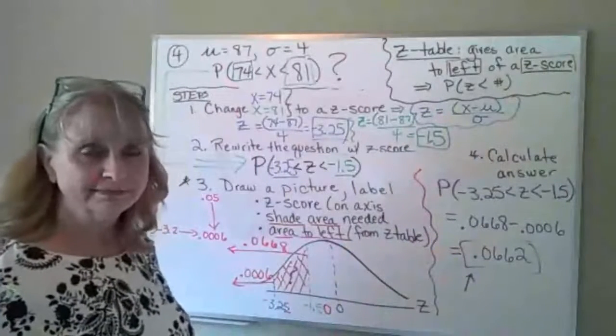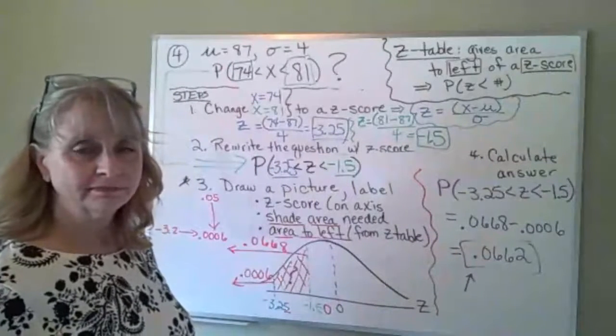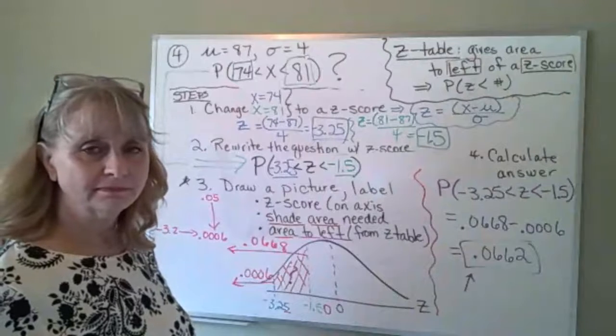Kendra? So I saw on the z-table, I did look for the numbers, but I was wondering, do I need to use all the numbers in the row or just one? Because it says negative 1.6, and it's all 0.00, or is it the other numbers too?